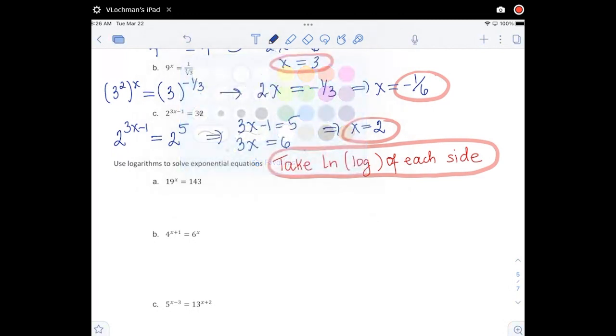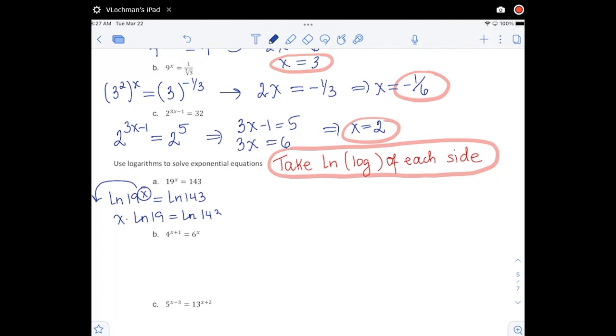For the first one, I have 19 raised to the power of x is equal to 143. So if I take natural log of each side, what's going to happen? Remember the power rule. We can bring that x down, and that is the main goal, to bring that down so we can solve for x. So I brought it up front as a coefficient. Now, natural log of 19 and natural log of 143 are just numbers.